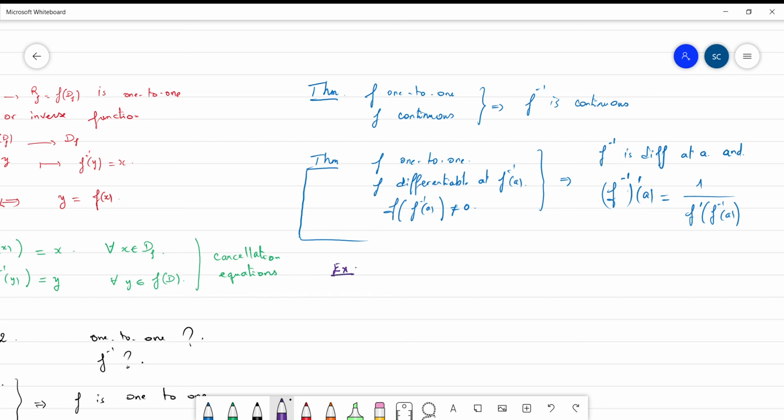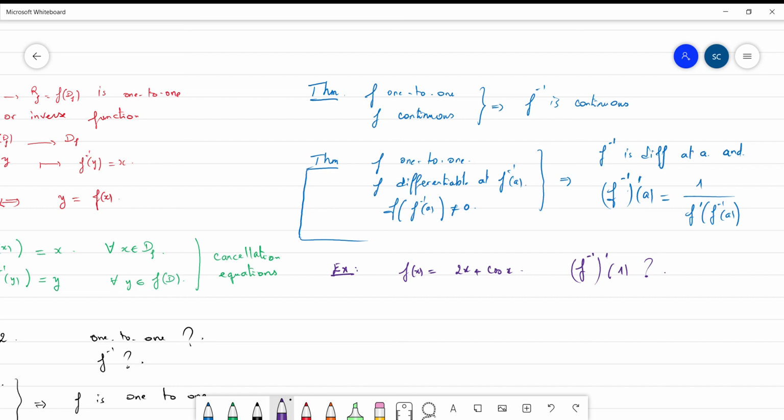Okay, an example. What if I give you the function f(x) equals 2x plus cosine x, and you are asked to find f minus 1 prime at 1? What is the derivative computed? This time, it's not easy.